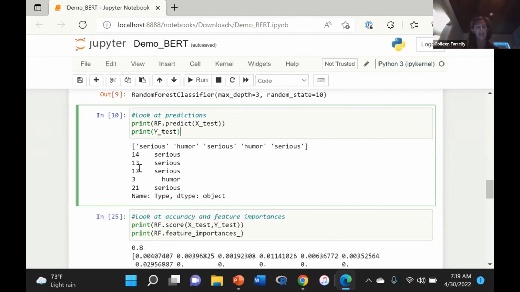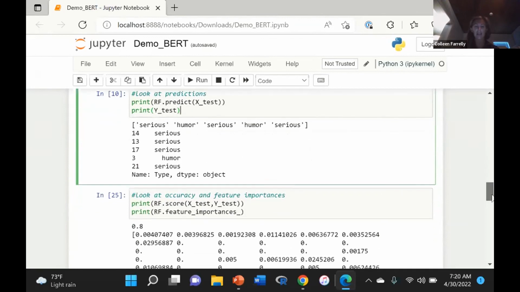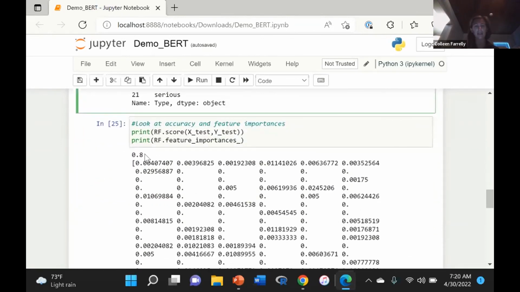And we can see this poem number 13 is a serious poem, but was labeled as humor. The others seem to be correctly classified. And when we look at the accuracy right here, we see that it's 80% accurate. For a small sample of only 25, this is pretty good for a machine learning model.